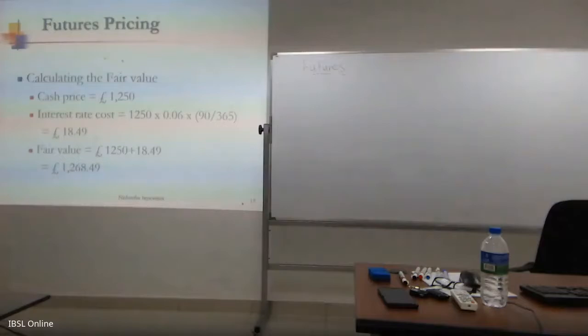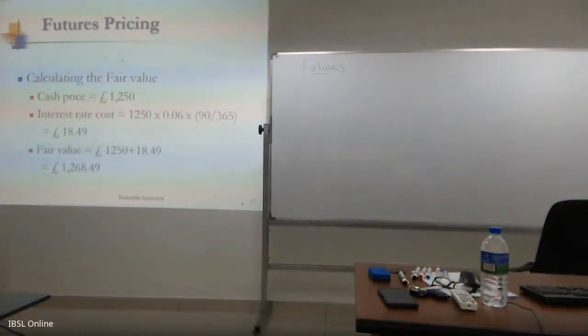The concept is, in FX, dollar rupee, we say rupee is at a discount, so we pay more to buy in the future. Same thing here, because the cost of rupees is high compared to the benefit of dollars. Here, the cost of this cash is high, so our costs are high and we pay more.